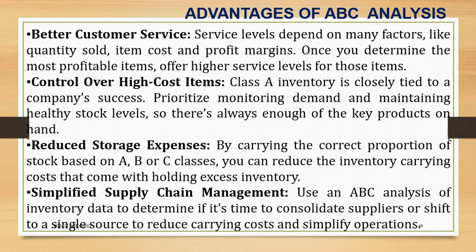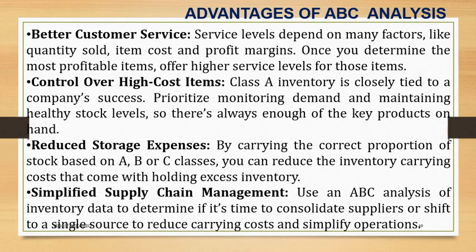Are we good? And control over high cost items. Class A inventory is closely tied to company success. That is, at times these class A items are those valuable goods, in case someone comes and buys even one of them, the amount of revenue you get out of just one A item bought is very high compared to B and C. So because of this, they prioritize monitoring those A items and make sure they are in good health.